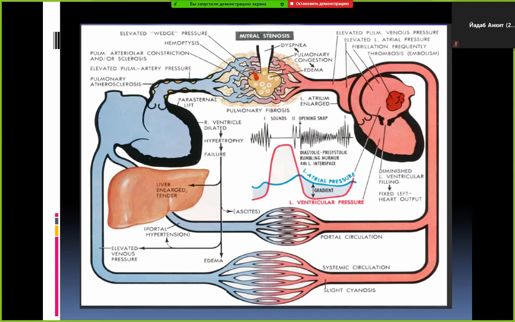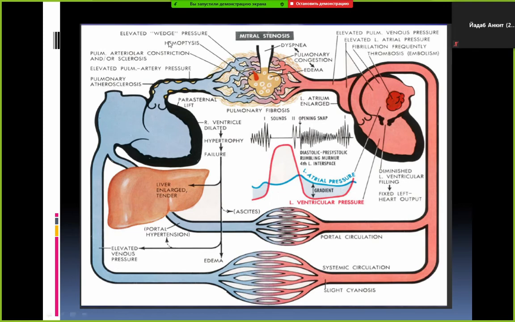So this picture illustrates hemodynamic abnormalities of compensation and decompensation stage of mitral stenosis, and as a consequence, appearance of symptoms of mitral stenosis. Elevated pulmonary venous pressure will lead to pulmonary congestion. So pulmonary congestion means edema. That is why a patient will feel dyspnea. So the main symptom of mitral stenosis, the main complaint, will be dyspnea.